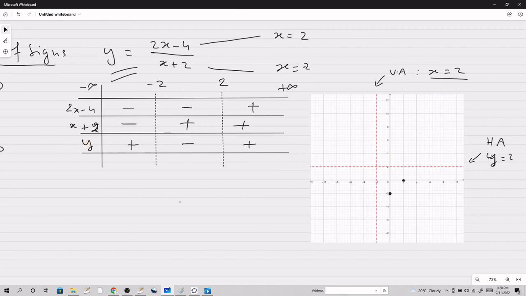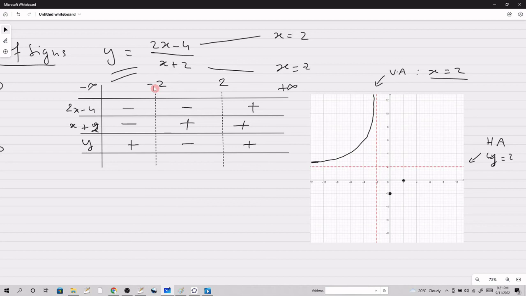And we start from here, because remember the graph is close to the horizontal asymptote, and then we go up to the vertical asymptote without cutting it, of course. Next, from negative 2 to 4, from the vertical asymptote to 4, which is the x-intercept, the graph is negative.